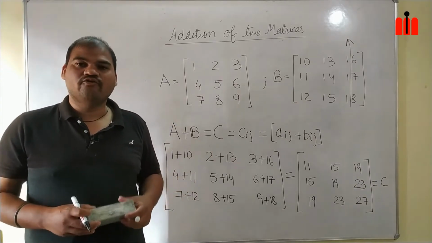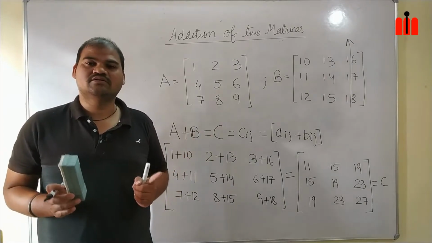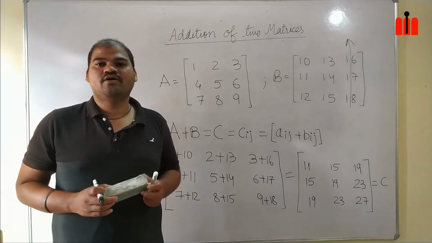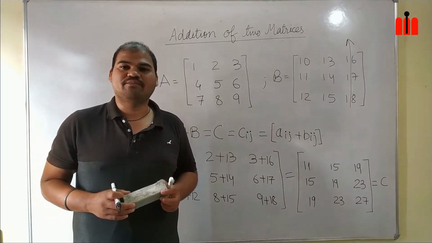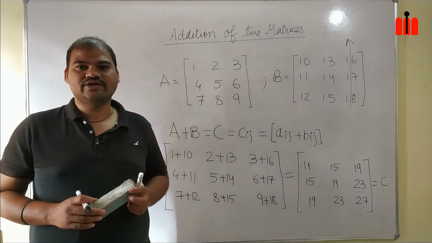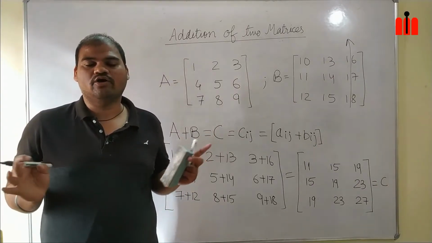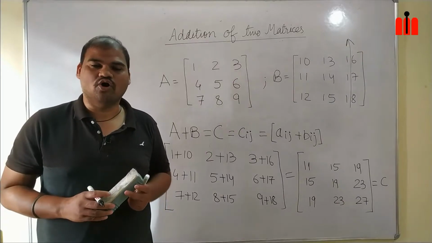That's why when the order of the two matrices differs, we are unable to add those two matrices. So this is the first check you have to do, whether the order of the two matrices is the same or not.